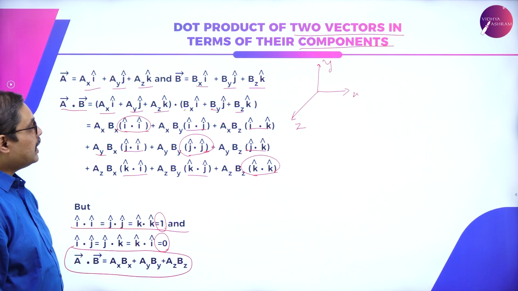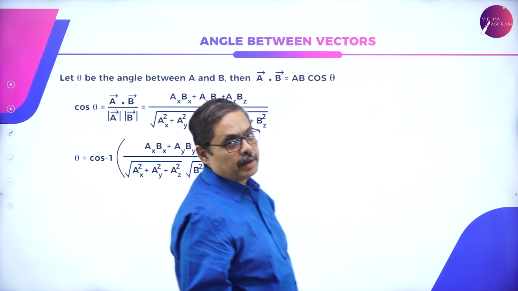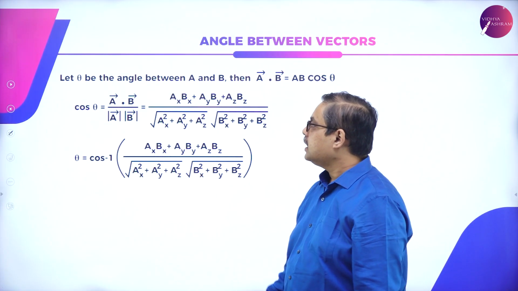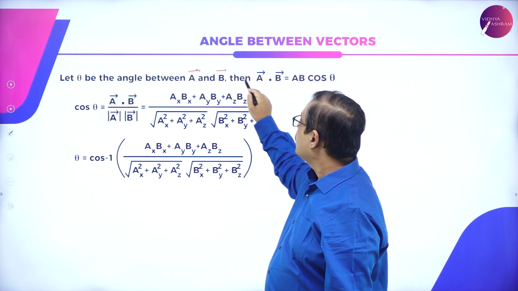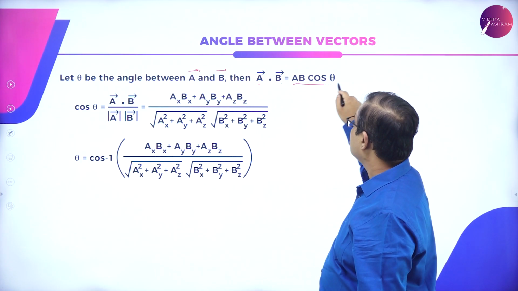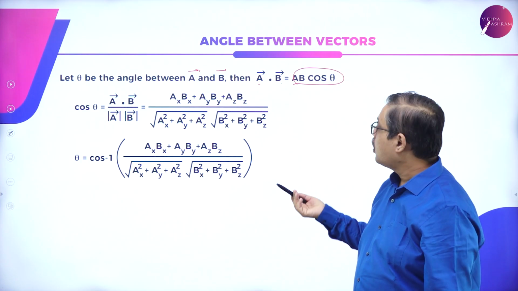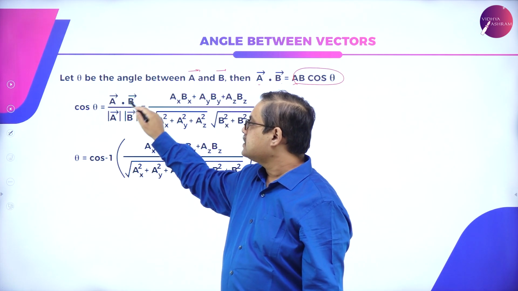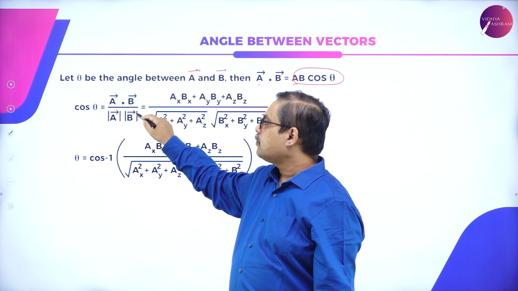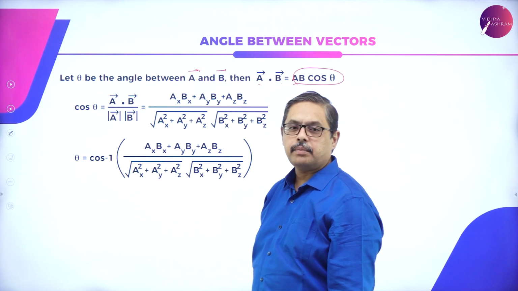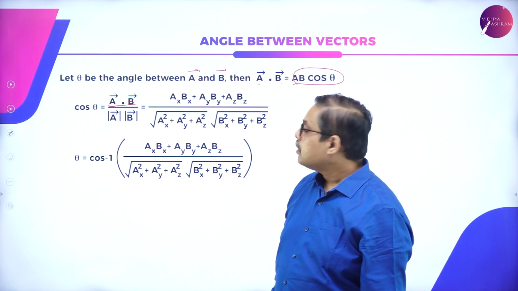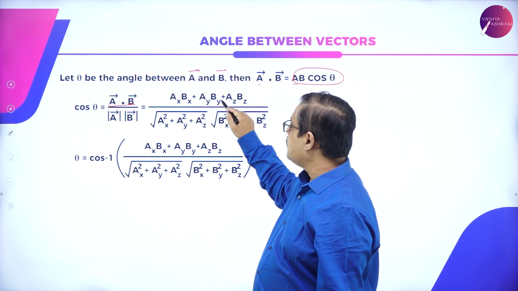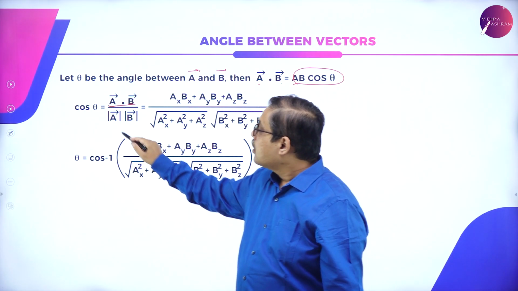Okay. Now let us check what is the angle between two vectors. Let theta be the angle between the two vectors, vector A and vector B. A dot B we know is AB cos theta. So what do I get? Cross multiplying, cos theta is A dot B by magnitude of vector A into magnitude of vector B. We have already seen the dot product of A and B: it is ax bx plus ay by plus az bz.